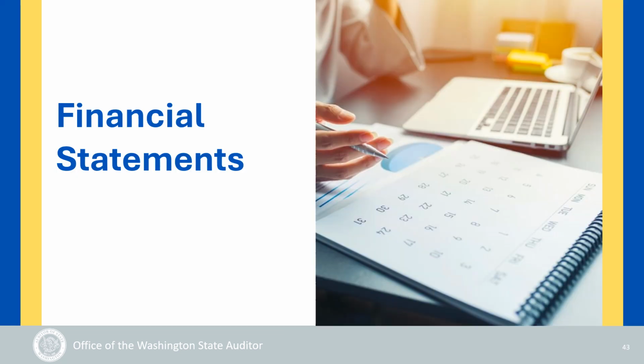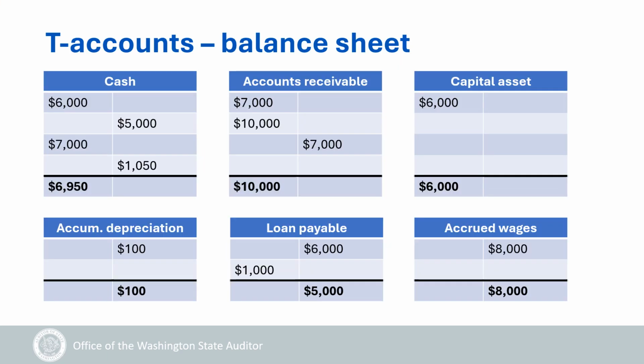Let's take a look at how these journal entries get turned into the financial statements. We'll start by looking at all of our T accounts. These are a summary of all those journal entries we just did. This screen shows our balance sheet accounts, meaning the accounts that get reported on the balance sheet, which are our assets and liabilities.